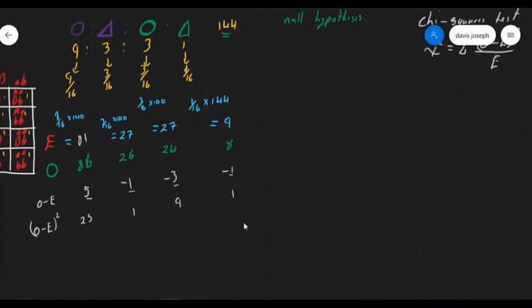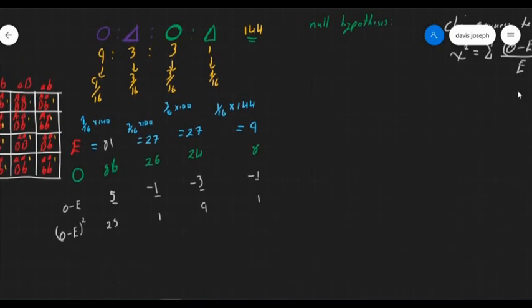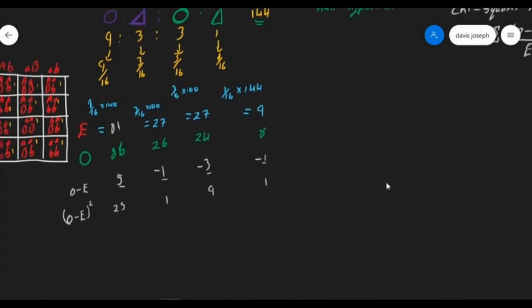So the next step in our formula will be to divide by our expected. So it's our observed minus our expected, all squared, divided by our expected value. So it's going to be 25 divided by 81, which is going to be 0.31.